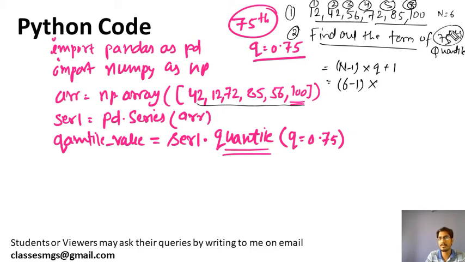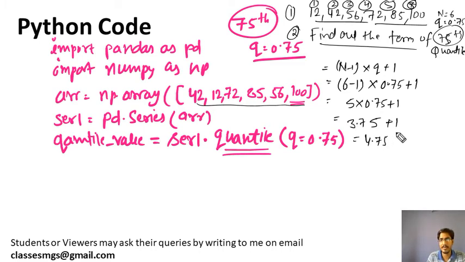We need to calculate the 75th quantile, so the q value will be 0.75. Remember this: 0.75, plus 1. Here it will be 5 times 0.75 plus 1. 5 times 0.75 is 3.75, plus 1, that will be 4.75. The 4.75th term is where your 75th quantile lies. So it lies somewhere between the fourth and fifth terms. To find out the value, we need to do one more step: find out the value.